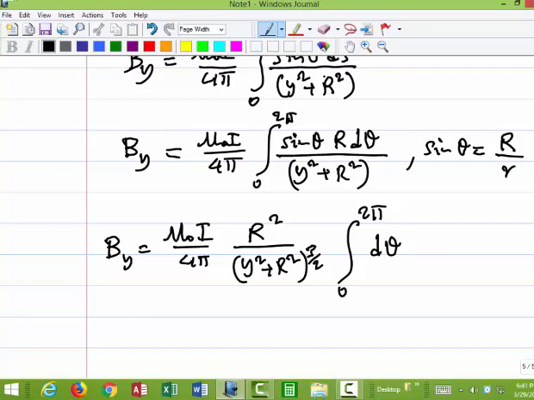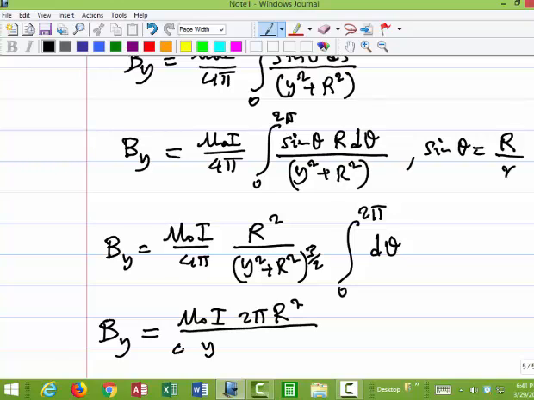So this becomes straightforward now. We are just integrating over theta. So we're going to have mu naught I times 2 pi uppercase R squared divided by 4 pi, and then we just have here y squared plus R squared raised to the power 3 over 2.